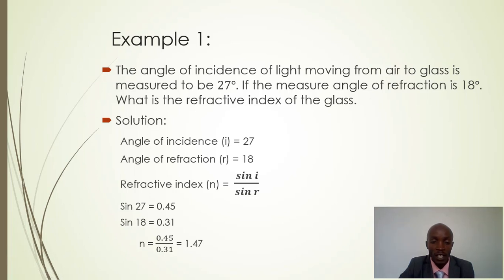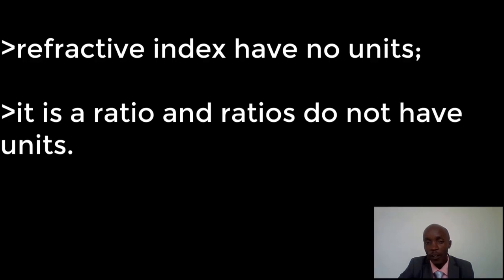When we divide the two, we get 1.47. Point to note: refractive index has no units. This is because it's a ratio of two sines, and therefore a ratio will not have units.